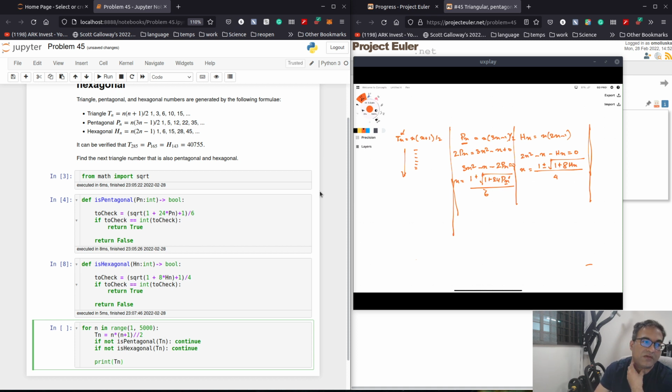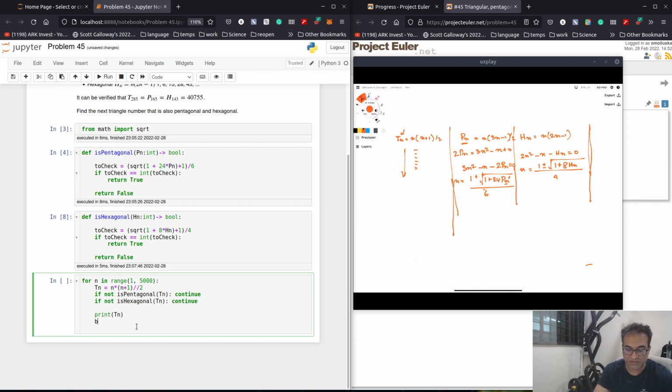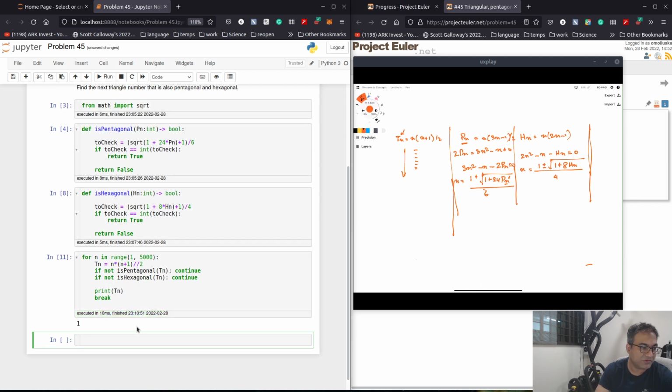So we are hoping that it's going to print 285. All right, it's going to print 285 and then break. And if it comes to this point, it will print this and break. We don't want to go on.